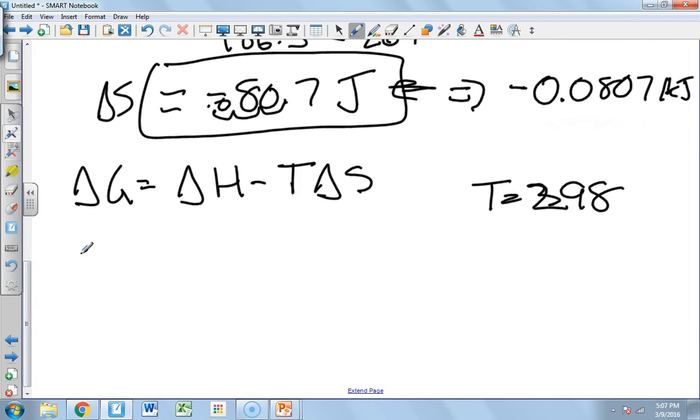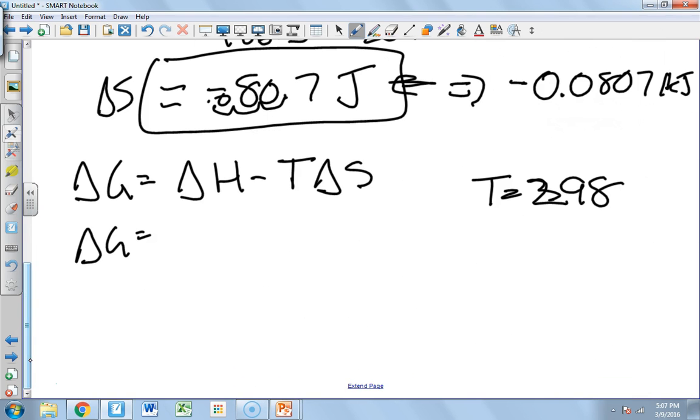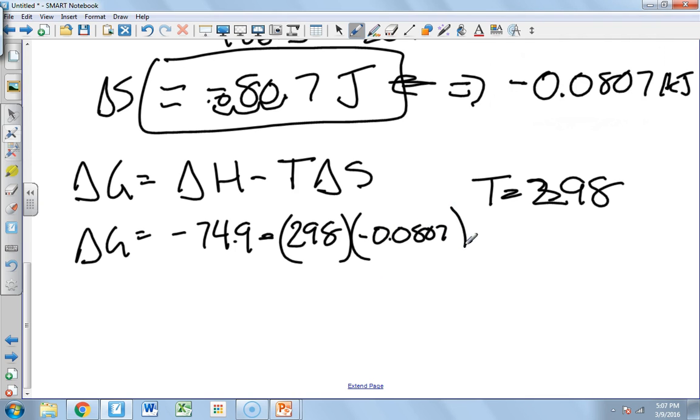Now this just becomes a simple plug and chug, where we take our delta H, which was negative 74.9, minus 298 times negative 0.0807 kilojoules. This is one of those cases where the delta H and the delta S have the same sign, and we want to know if delta G is positive or negative.